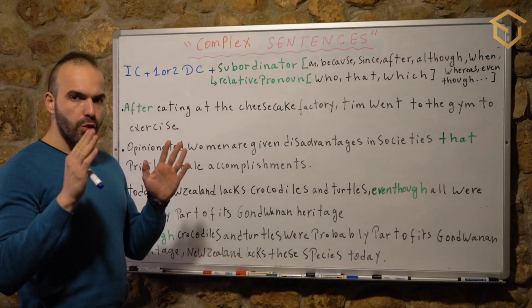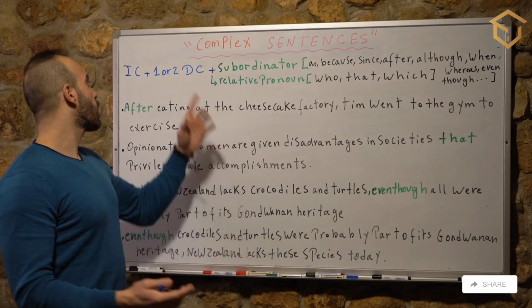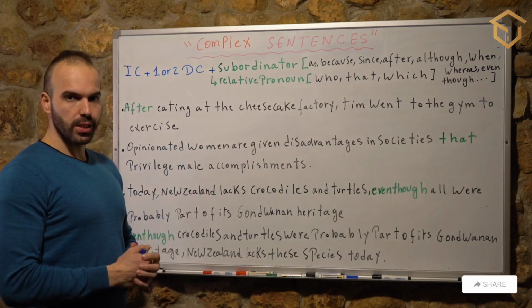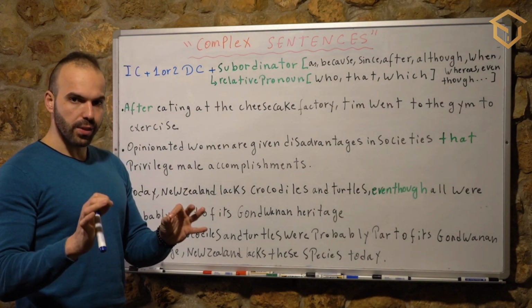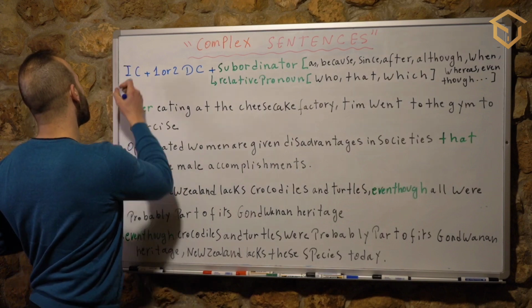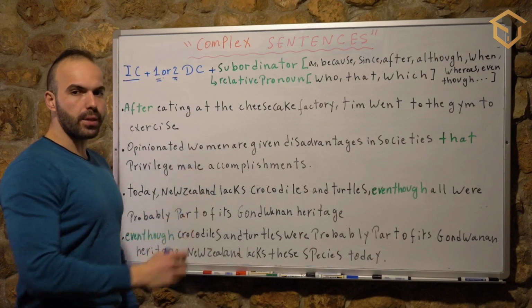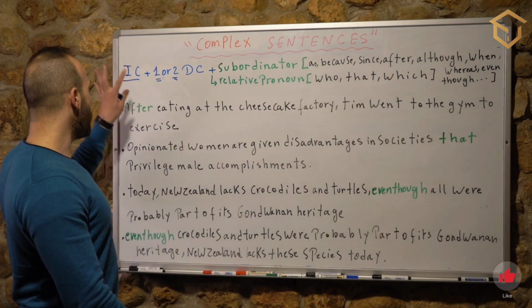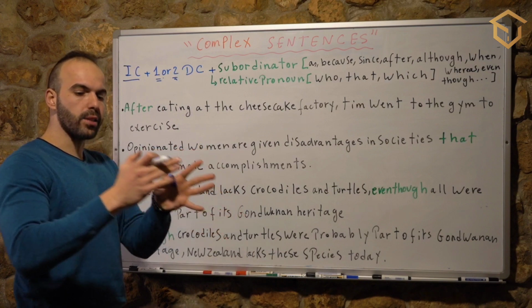Jumping now into the third category of sentences, and that's what we call complex sentences. What is a complex sentence? A complex sentence consists of an independent clause plus one or two dependent clauses. An independent clause means it has a subject and a verb.